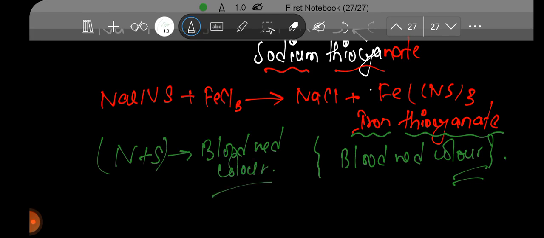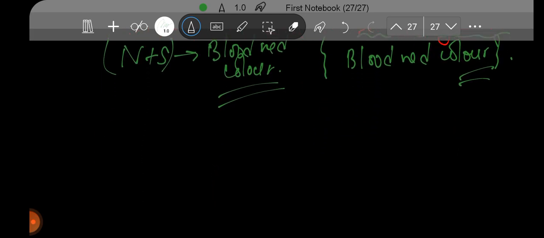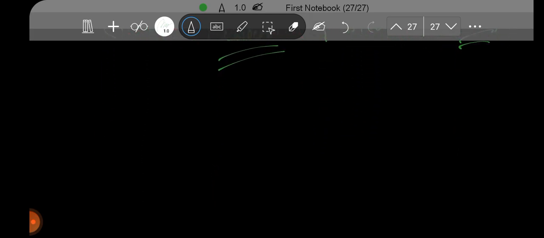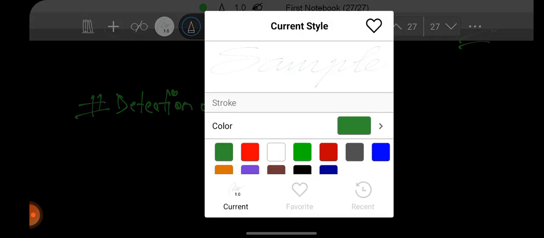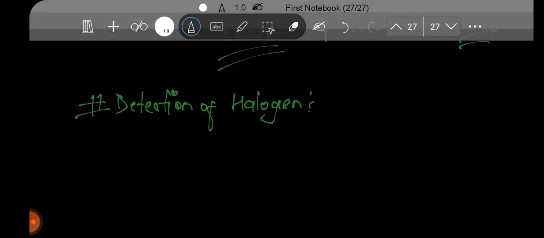Now we have the last and final topic of this session, that is detection of halogen. I will be describing this on a simple chart.